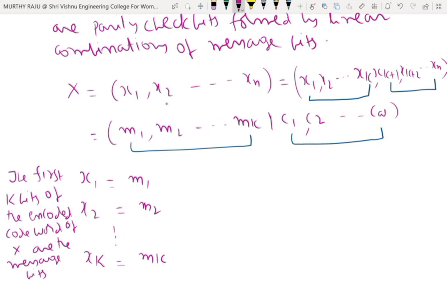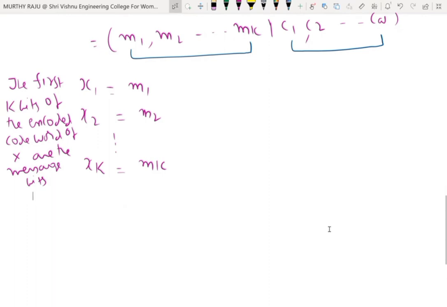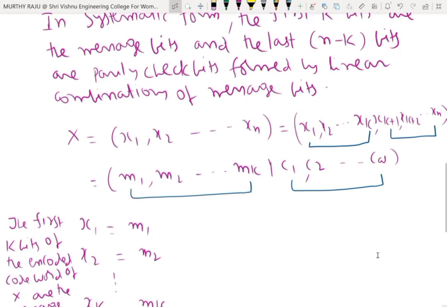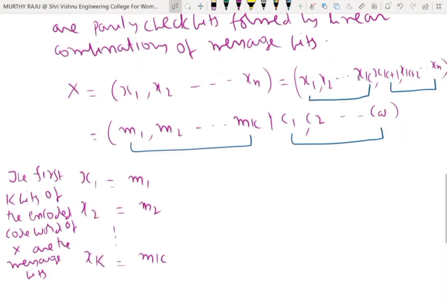X is the encoded code word. First k bits of the encoded code word mean from x1 to xk are the message bits m1, m2 and mk. Equating these two, x1 is equal to m1, x2 is equal to m2, xk is equal to mk. The last n minus k bits are the parity bits. That means xk plus 1, xk plus 2 and so on are equal to c1, c2 and cq.